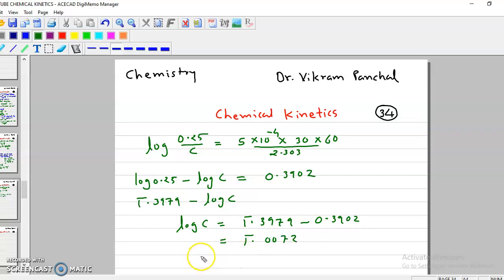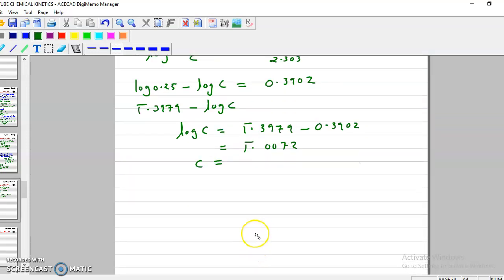Now to find out C, you have to take the anti-log of bar 1.0072. Whatever the answer is, it will be 0 point something. This is the N2O5 concentration. So C is the concentration of N2O5 after 30 minutes.